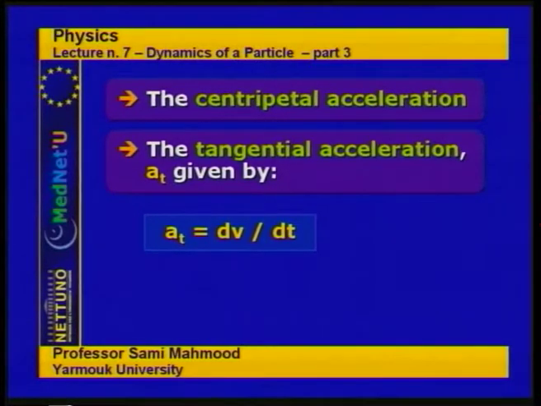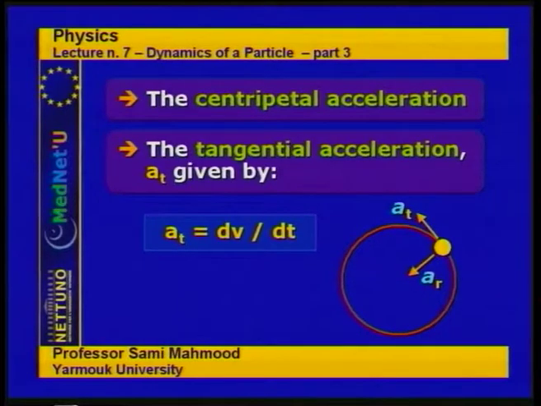If the magnitude of the velocity is changing due to a tangential acceleration, then the tangential acceleration is defined as a sub t equals dv by dt, the rate of change of velocity with time, which is the tangential acceleration at a specific time.